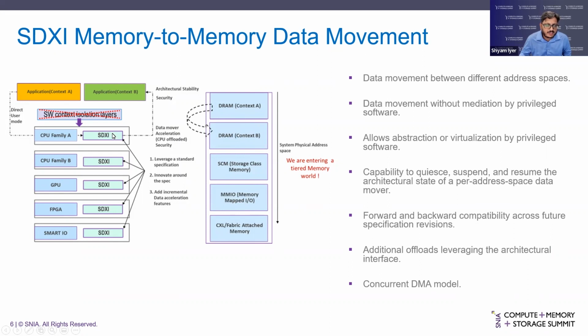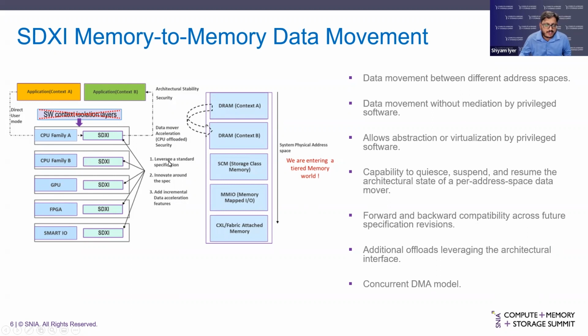The specification itself is independent of where and how it's implemented, and it's also CPU agnostic, so different microarchitectures and ISA CPUs could implement the same interface. We have also designed it to be form factor independent, such that whether it's CPU integrated or a discrete implementation such as GPUs, FPGAs, or smart I/O devices, you could implement SDXI there.